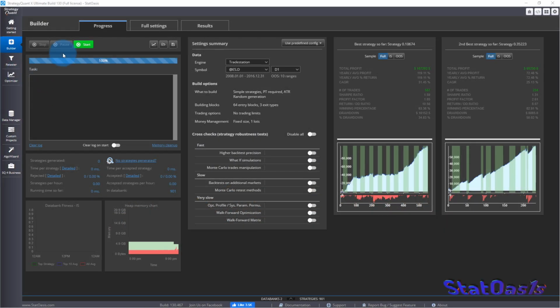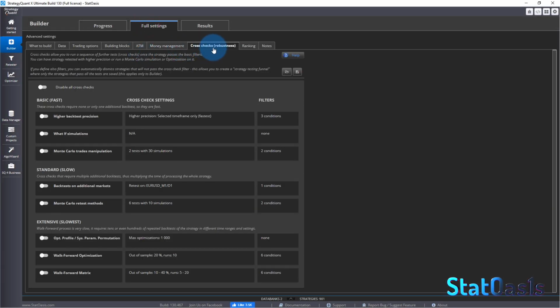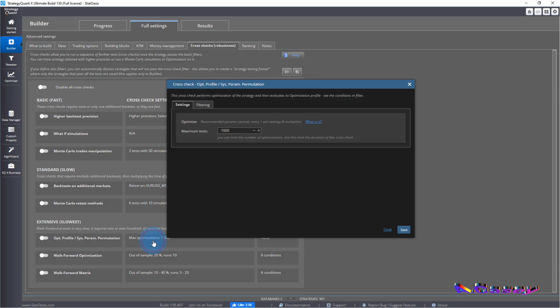So if you go to the cross checks, which is our robustness test, you'll find that this is the system parameter permutation. Now, before we jump into this, you need to know something: although many people talk about biases and optimization and curve fitting, let's make one thing clear. Anything you pick, that's an optimization.